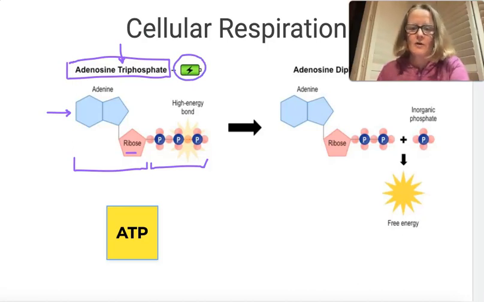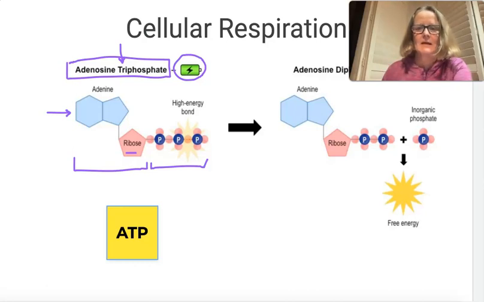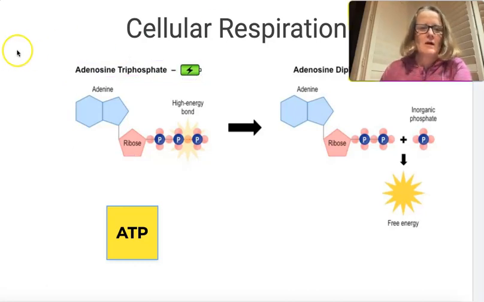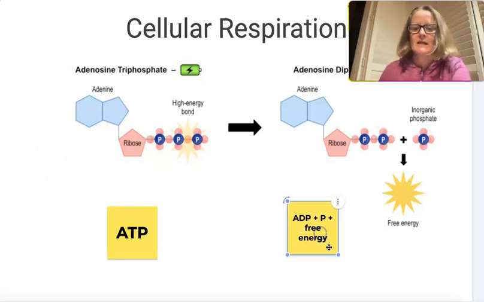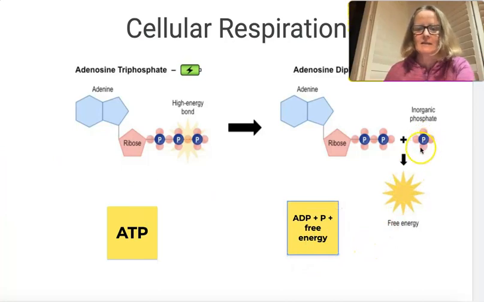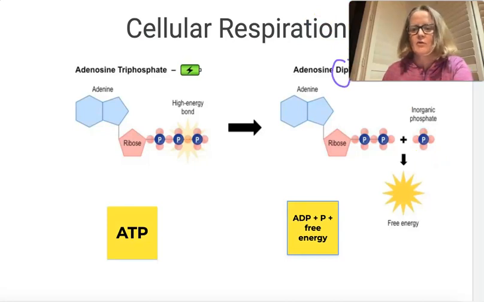And when the cell converts ATP into ADP over here, you can see that it takes off one of its phosphates, because now we have become a diphosphate molecule. We've lost a phosphate and we've released all this free energy.